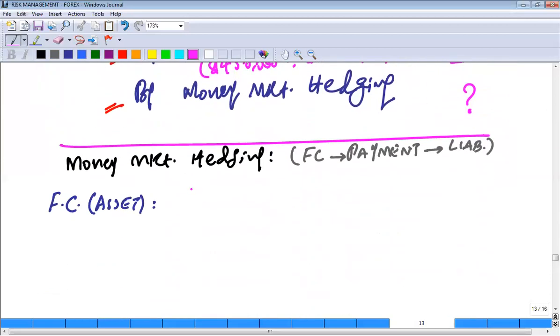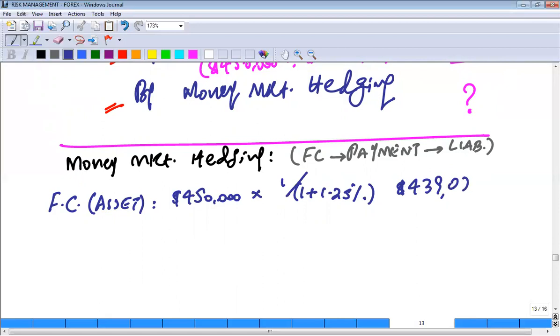So this simply means present value. $4,50,000 multiplied by 1 over 1 plus 1.25%. That means 439,024.